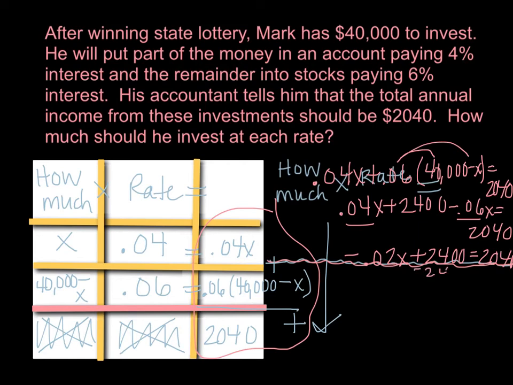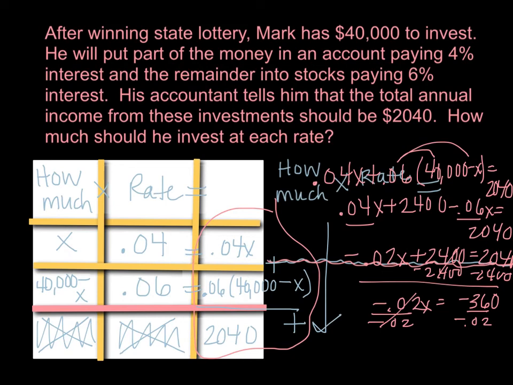Now I'm going to put my numbers together, and since I am going over the equal sign, I'm going to use my inverse property here. And once again, I'm going to use my inverse property because I'm going over the equal sign. And it looks like x equals $18,000.